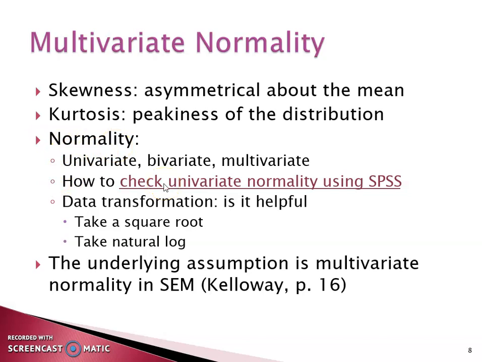In case you need some help, I have a video linked to the slides that shows you how to check univariate normality in SPSS. Some studies use data transformation when they do not meet the assumption of normality. I actually do not encourage you to do that unless it's absolutely necessary. So I'm going to skip the discussion about data transformation for now.